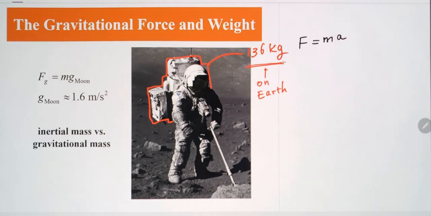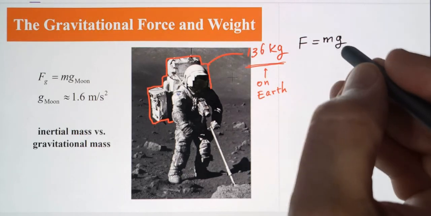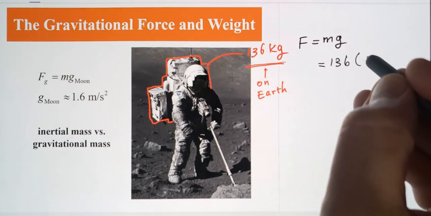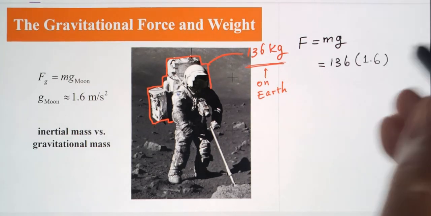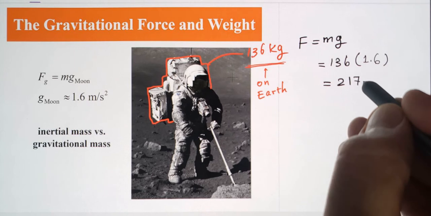So they said, okay, we did our calculation that when the astronaut is on the moon, he will feel like it is about 22 or 23 kilogram. How did we calculate that? The weight is mg, and on the moon 136 kilogram multiplied by 1.6 meter per second square. So it will be 217.6 Newton.